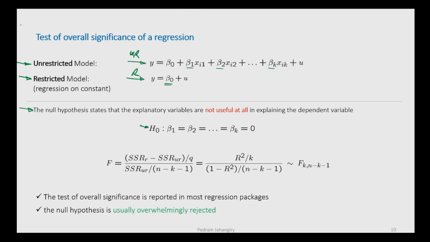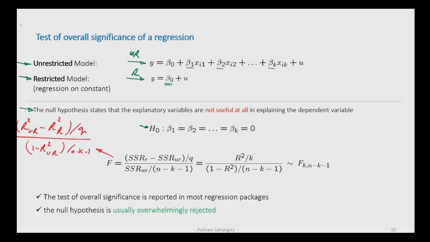A couple of slides before, we looked at it and you're expected to prove that at home. So it was equal to R squared of the unrestricted minus R squared of the restricted, divided by Q, the whole thing divided by 1 minus R squared unrestricted, divided by n minus k minus 1.